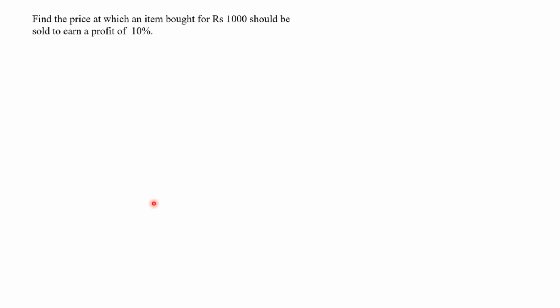Now I will go with the third question for the same method. Find the price at which an item bought for 1000 should be sold to earn a profit of 100%. In this case, what are the two ratios? First one is the cost price, another one is the selling price. So you know 100% profit means when the cost price is 100, the selling price is 200. So for 1000, what is the selling price?